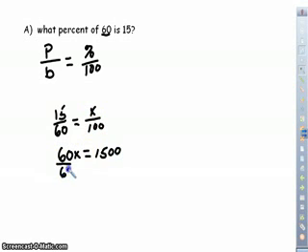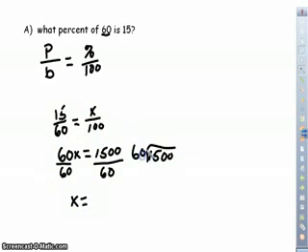Divide both sides by 60, and x will equal whatever 1500 divided by 60 is. 60 goes into 150 two times, which is 120. Subtract, we get 30 plus the 0 down below, and it goes into it 5 times, which gives me 300.